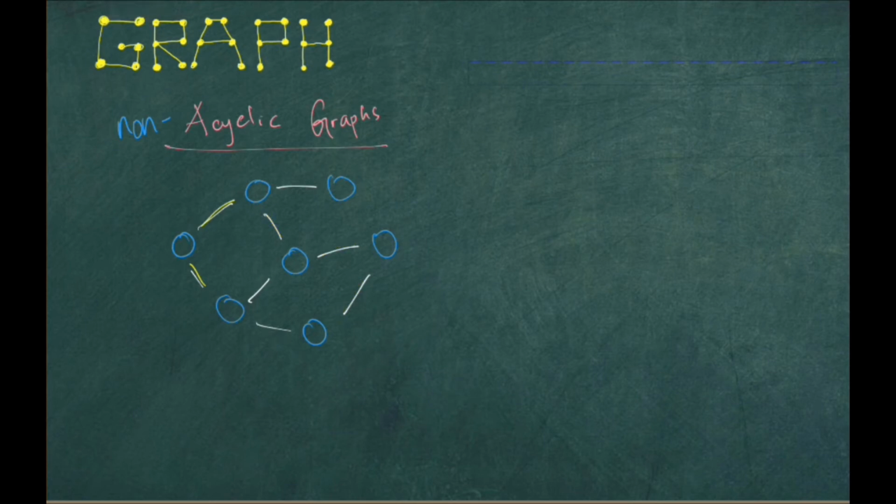Now if we were to remove some of the edges, then it will not be a cyclic graph anymore, because we can't find a path that can make a cycle in the graph.